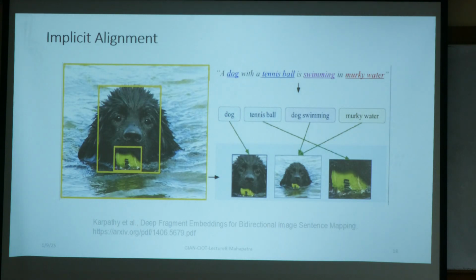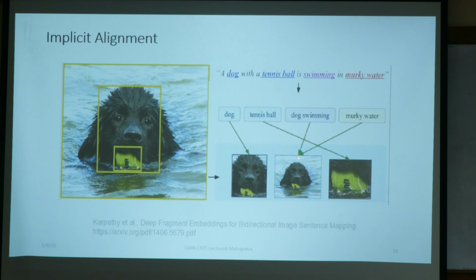Look at implicit alignment here, an example. Now let's say, look at the words: a dog with a tennis ball is swimming in murky water. Okay? Now, in this picture, you see the tennis ball. Okay? Tennis ball is here. And there's one dog.